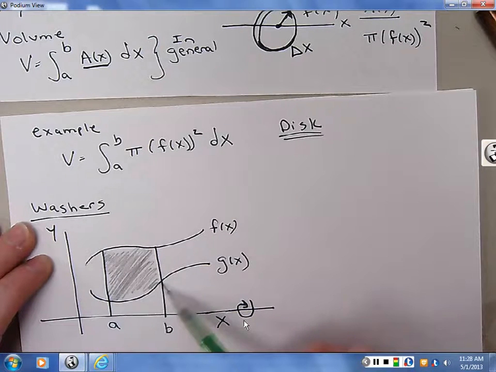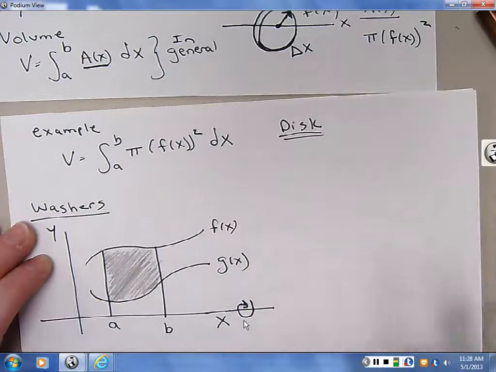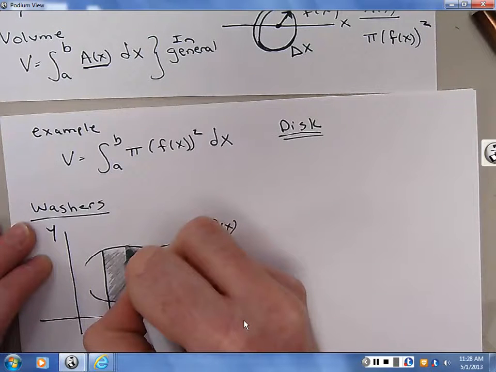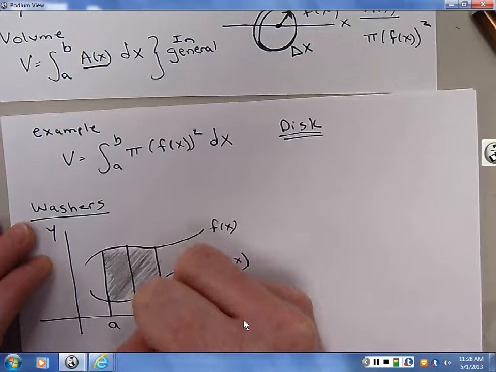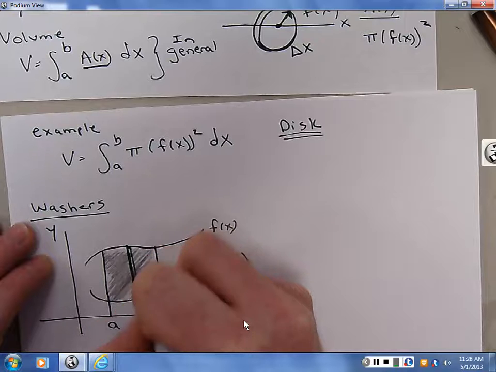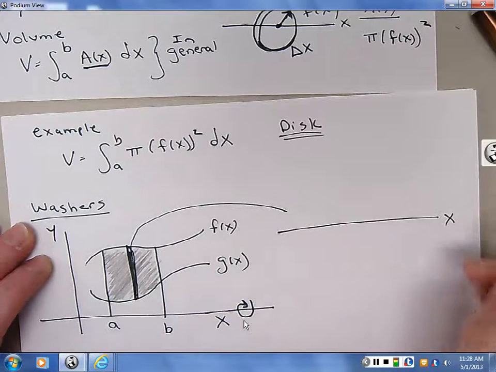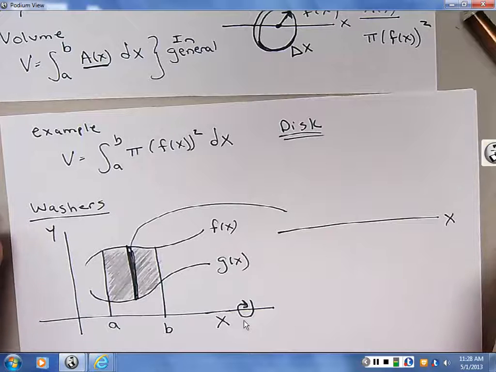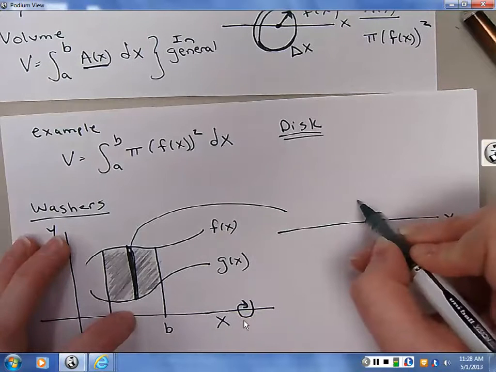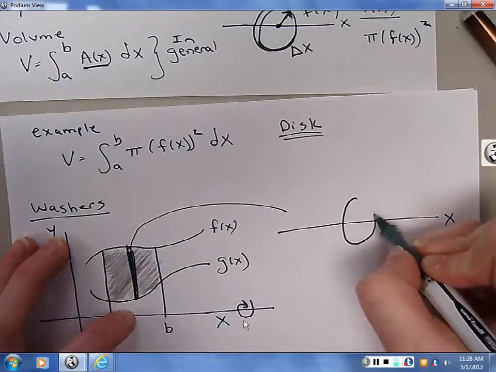I prefer to draw just the cross-sectional area because that's all you need. So if I'm rotating this about the x-axis, then if I take a slice out and I come over here to see what a cross-section looks like, I always draw the axis of rotation because that gives me a reference point. And then I come in here and I'm going to have a washer.